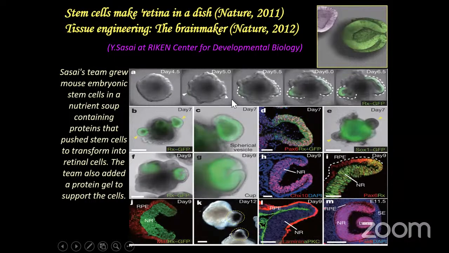Just keep in mind, over a period, using a specific scaffold material like hydrogels, they have grown these cells derived from induced pluripotent stem cells, and this has formed a retinal cup-like structure showing specific markers of the retina. Now they are trying this in the clinical setting. In a couple of patients they have seen some improvement in vision, which is wonderful to know.